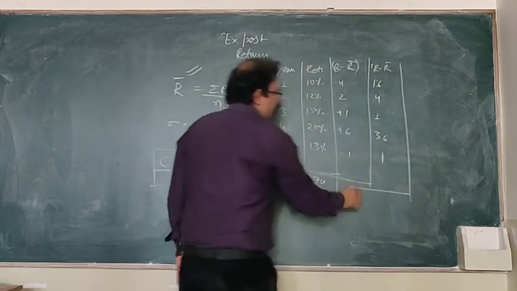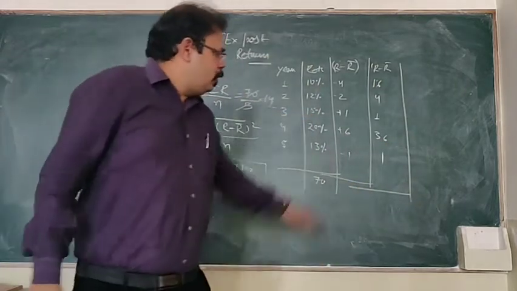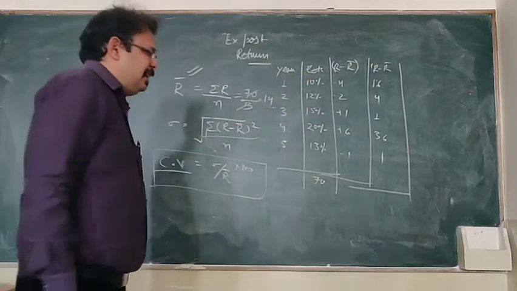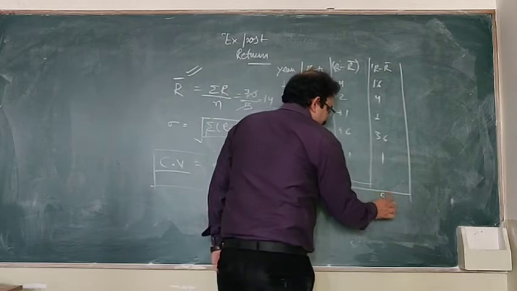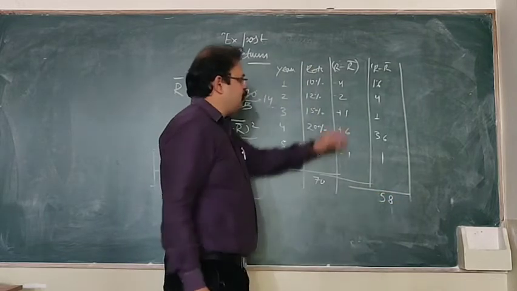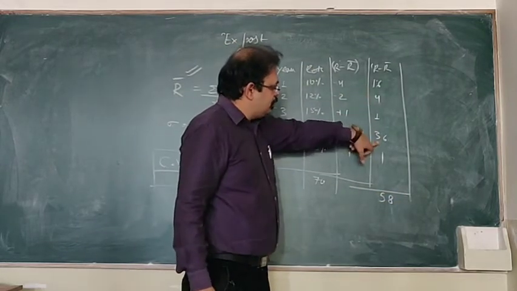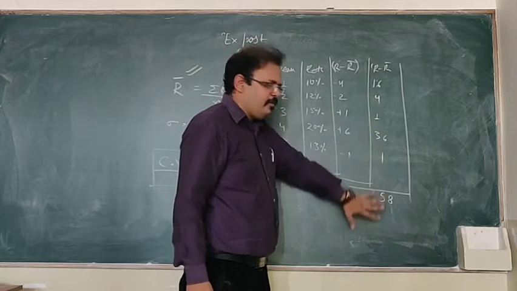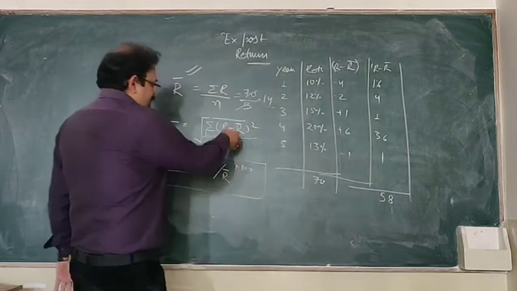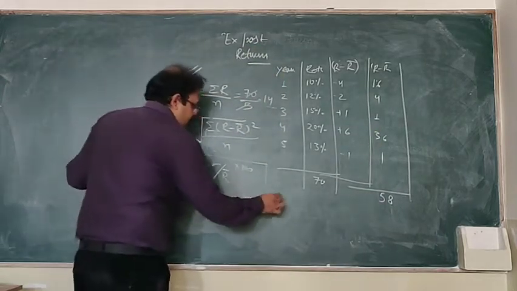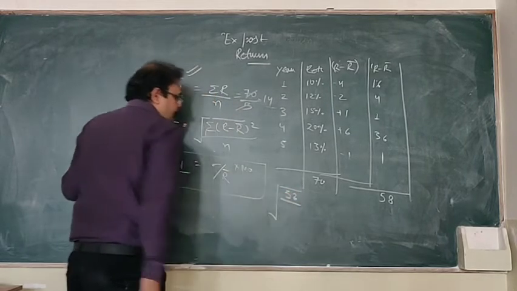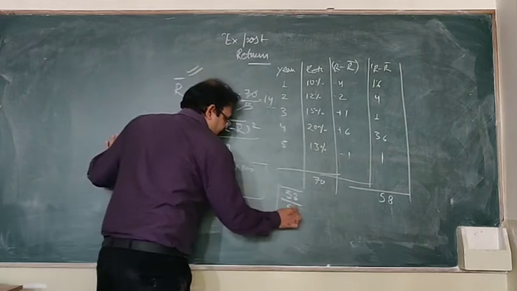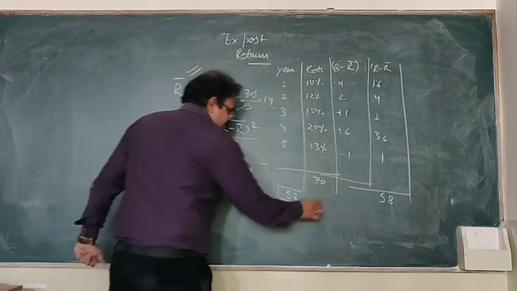So it's 16 plus 4 is 20, 21, 22, plus 36, that is 58. Is it clear now?